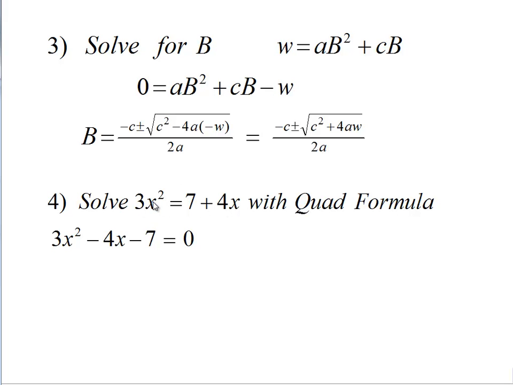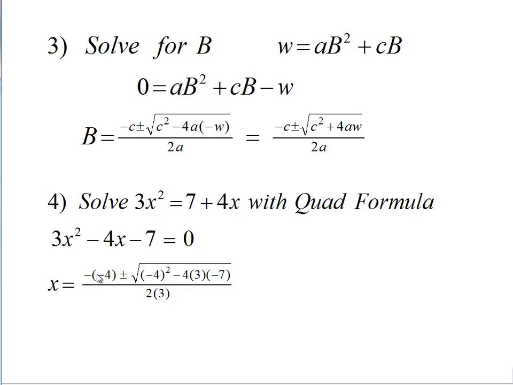Okay, solve this one with the quadratic formula. We need to put it in the right order. So move the 7 and move the 4. So it's 3x squared minus 4x minus 7. And again, it's negative the middle term, so it's negative, negative 4. Middle term squared minus 4, front term, and the back term. So it's 3 and negative 7.